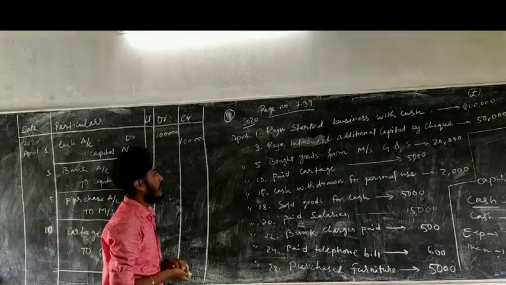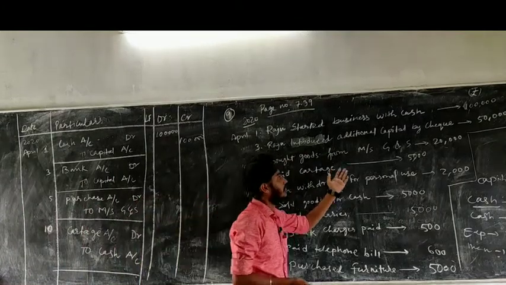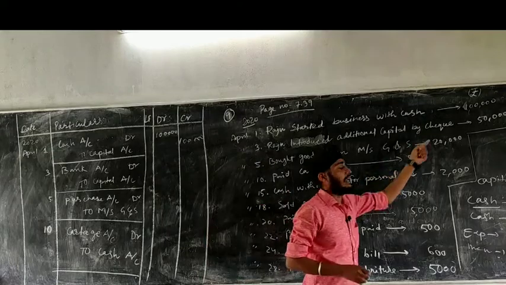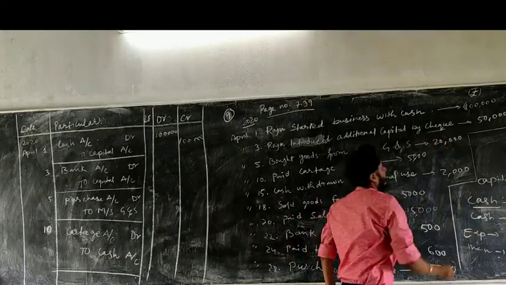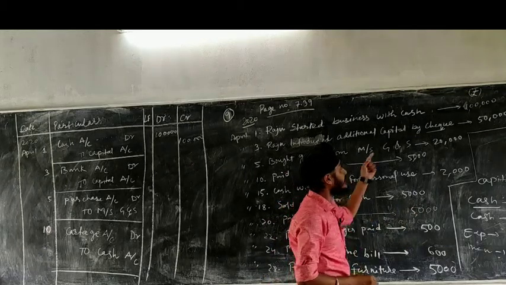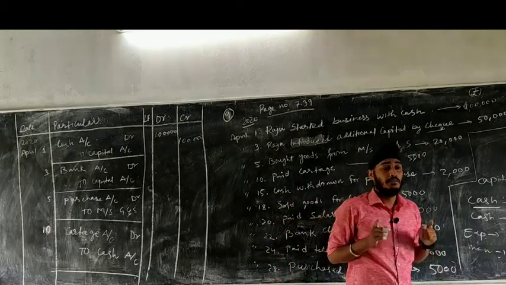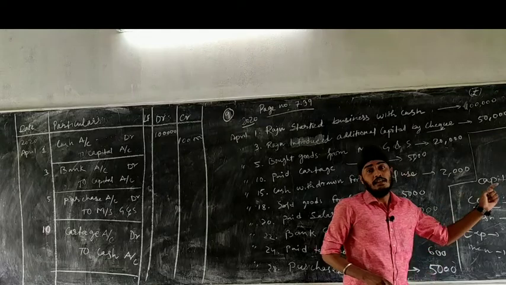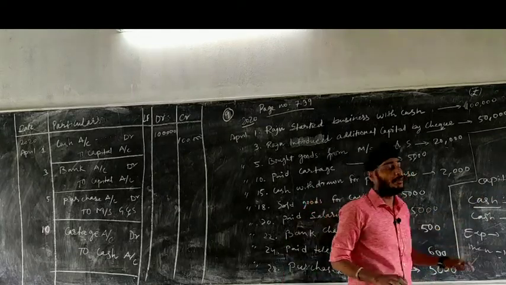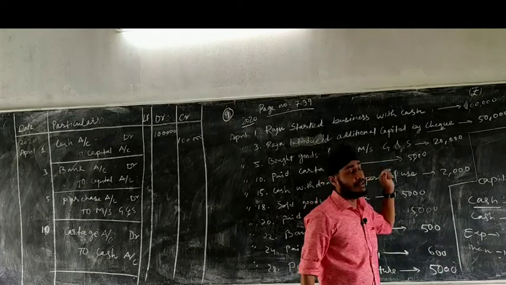The next one is Raju introduced additional capital. So additional capital was brought in by Raju by cheque. Whenever it is written by cheque, it means the transaction is related to bank account. So we will think that this transaction is affected by bank. As we know, cash and bank have the same rule. So again additional capital is brought in.